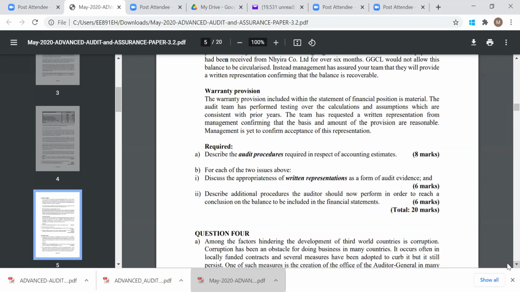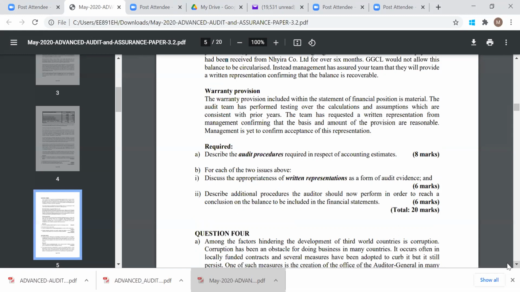On the receivable side of things, like I've always said, always think about those 7 audit procedures. The first thing you could do is a review.